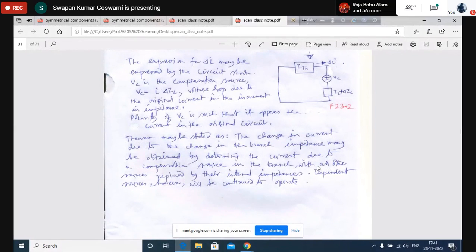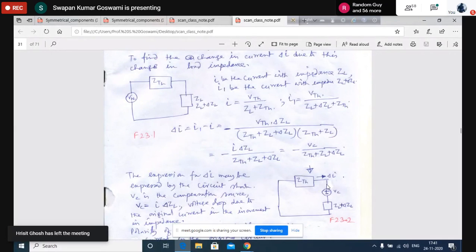That means basically we are applying the Thevenin equivalent. Why Thevenin equivalent? In the compensation theorem, the impedance where the current is being driven is a Thevenin impedance. Why is it Thevenin impedance? You see that here this impedance is kept intact.